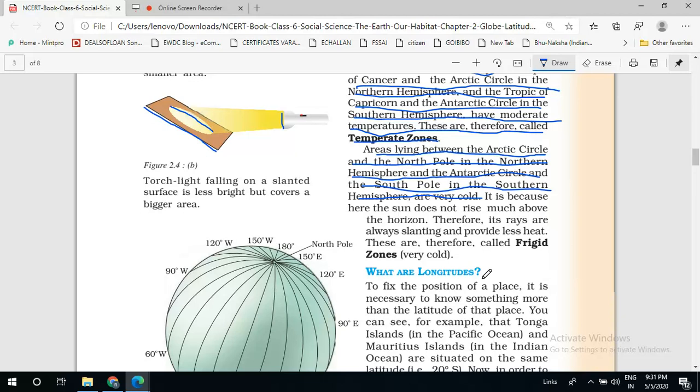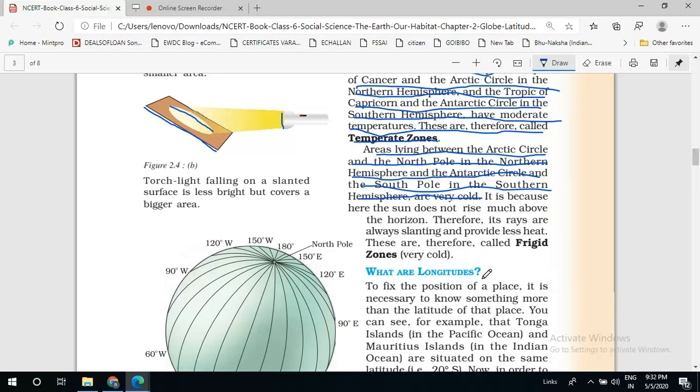There is a variation in the pattern of the falling of sun rays on various latitudes, and because of this difference the earth is divided into three heat zones.